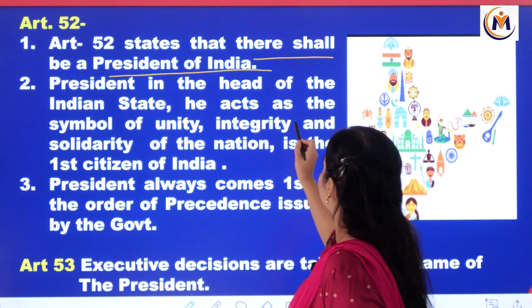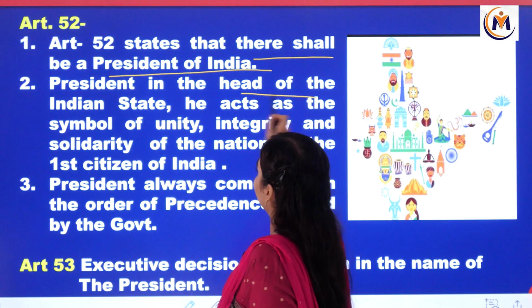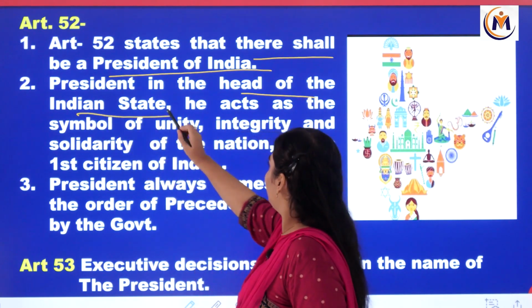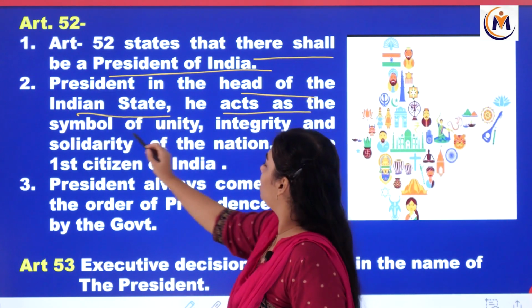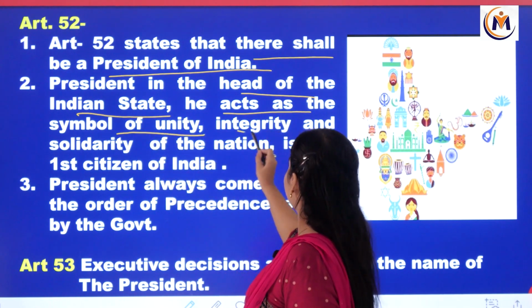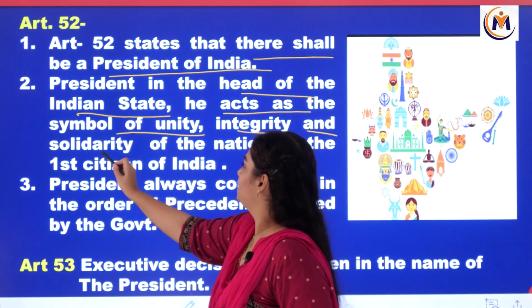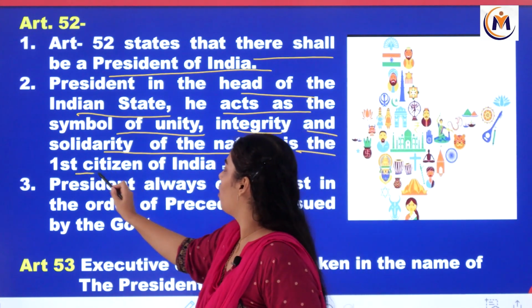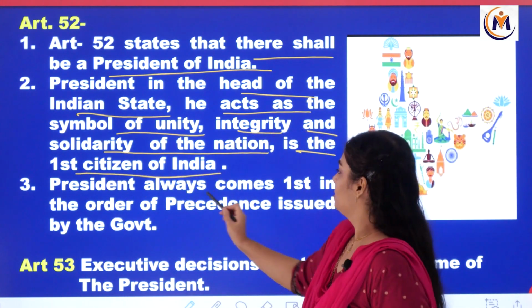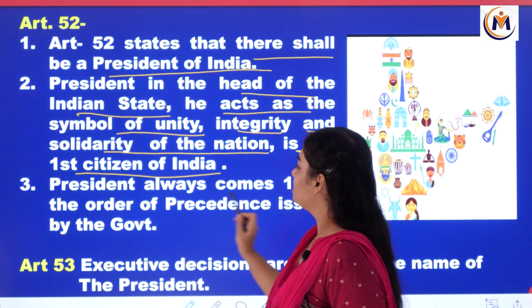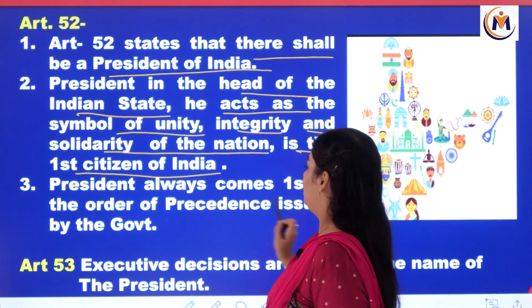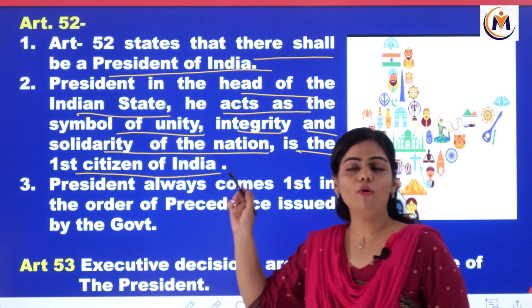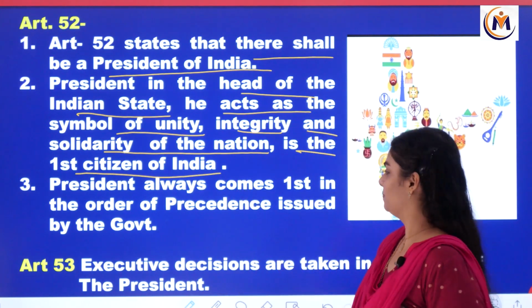The President is the head of the state. He is the head of the Indian state. He acts as the symbol of unity, integrity and solidarity of the nation. He is the first citizen of India. President always comes first in the order of precedence issued by the government. We have already discussed these points.